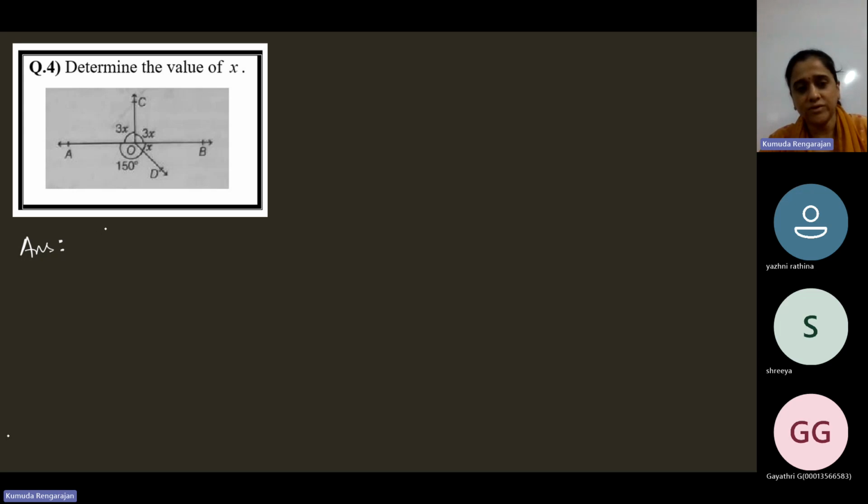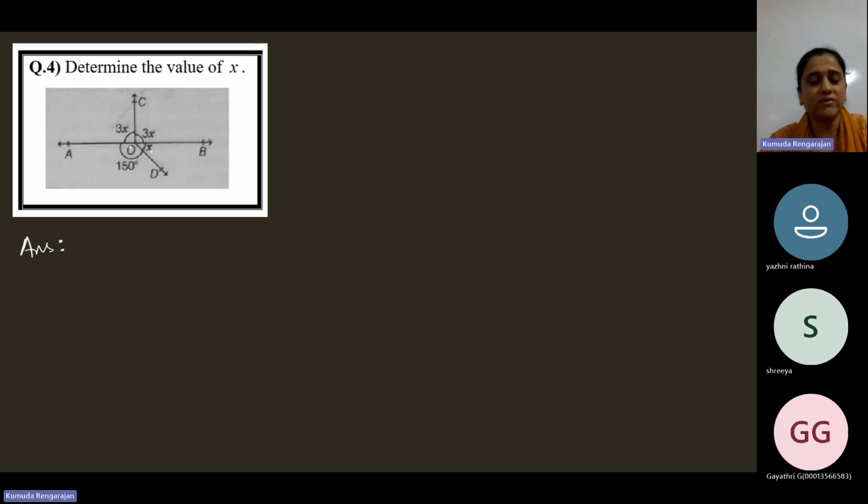But to be very safe here, we do assume that AB is a straight line. But since all the angles are given here, what if AB is not a straight line? Then 3x plus 3x is equal to 180 will be false.